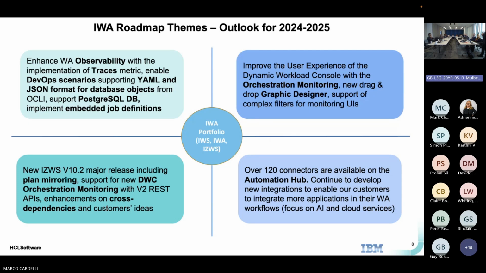But we don't plan so much in advance because the priorities can change, due to customers' requests or technology innovation that make us change our priorities. So, for example, some of these items have already been delivered. Some are being delivered these days with 10.2.3, or 10.2 on Z, and some will come next year.